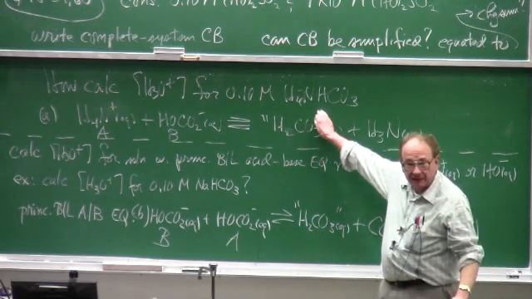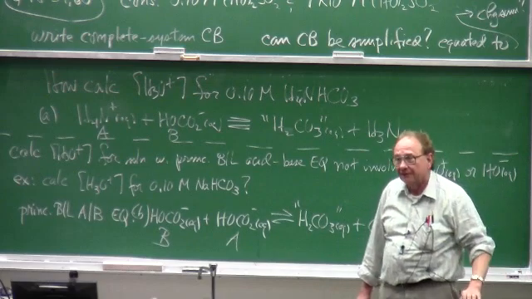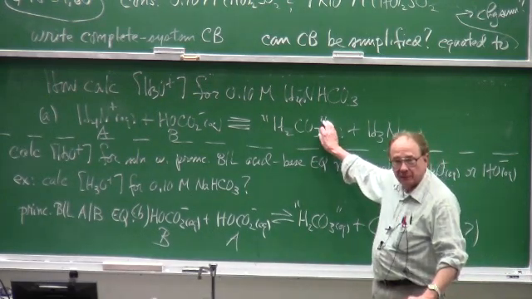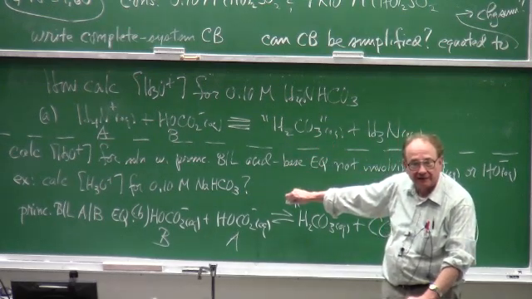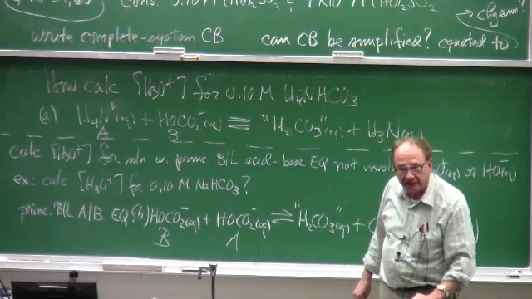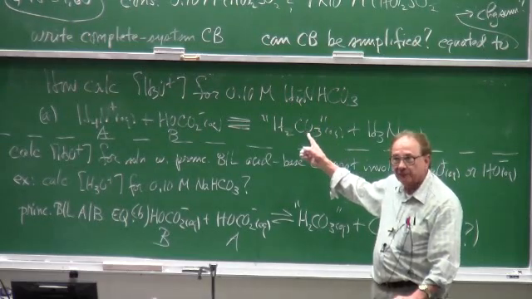This too is mildly basic. But it's not as mildly basic as this other solution. Why is that true? Here, the principal H plus source is ammonium ion, which is a stronger acid than bicarb, isn't it? But Kb of bicarb is still a bigger number than Ka of ammonium ion, isn't it? That guarantees this solution is mildly basic. We'll pick it up from this point next time.